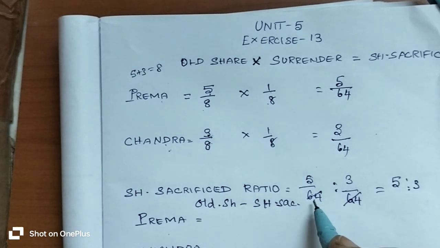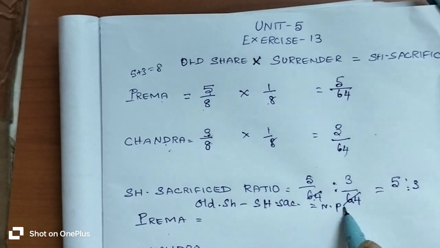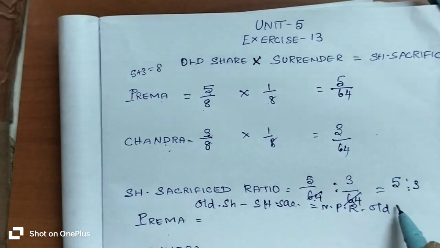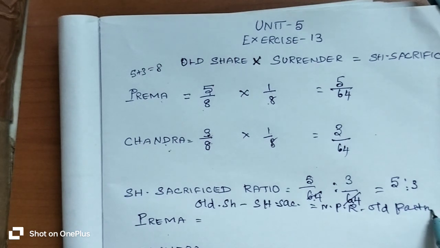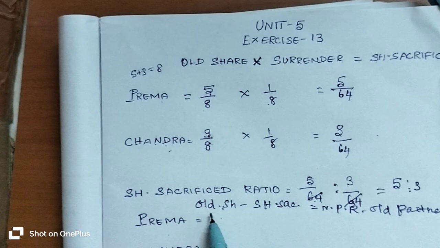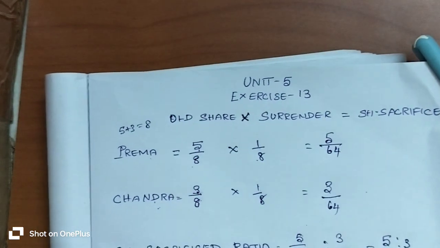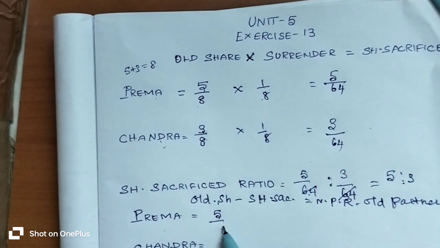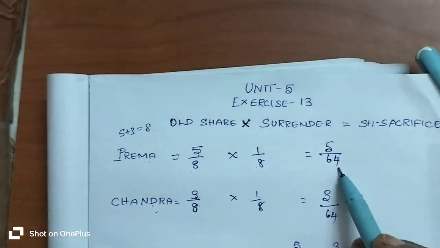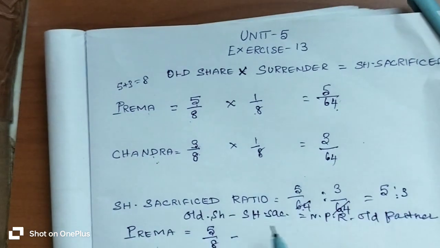We will get the new profit sharing ratio of old partner. So what is the old share for Prema? It is 5/8. What is the sacrificing share for Prema? 5 by 64.